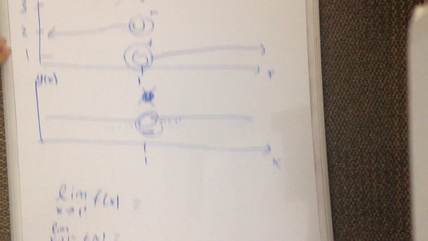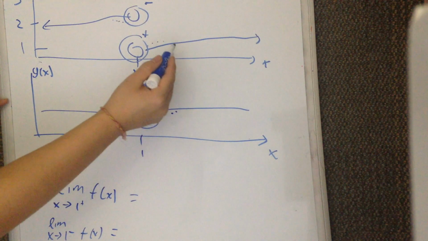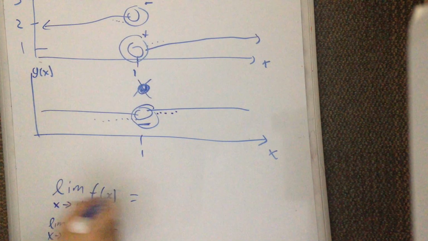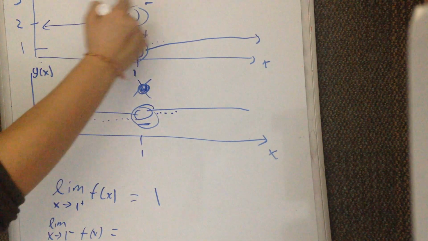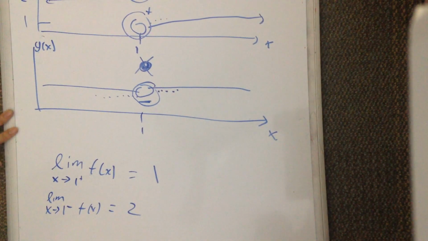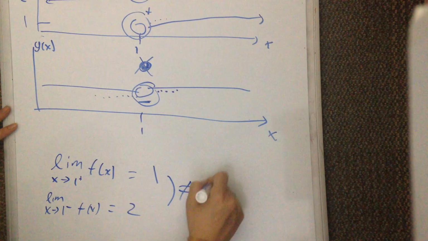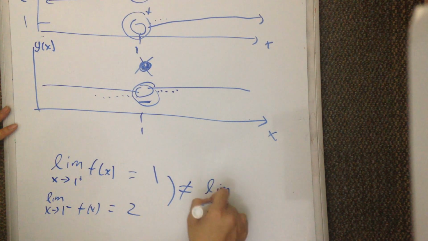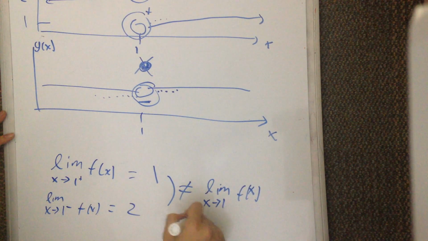But we can see for sure that as we go from the positive side, we get 1, and as we go from the negative side, we get 2. Since these two are not equal, it doesn't exist. The limit as x approaches 1 of the whole function does not exist.